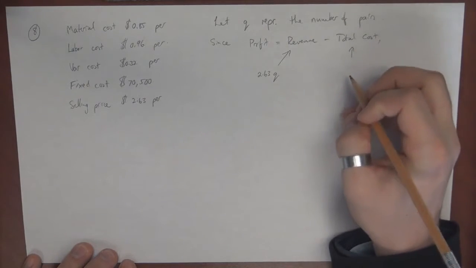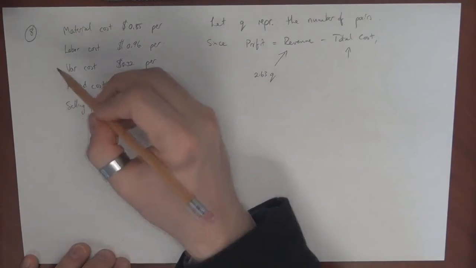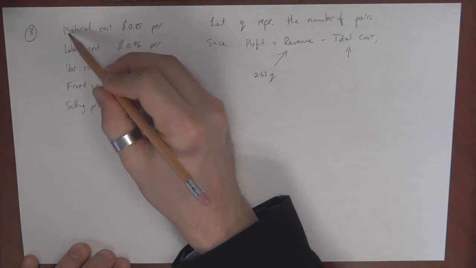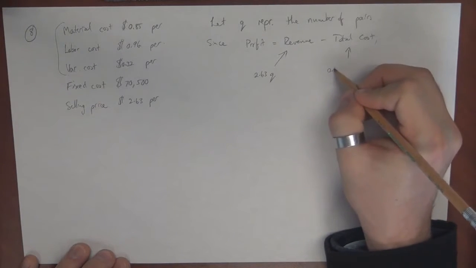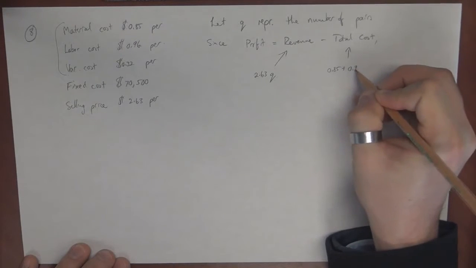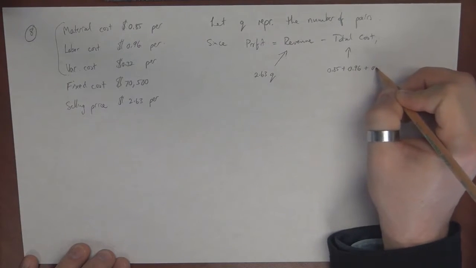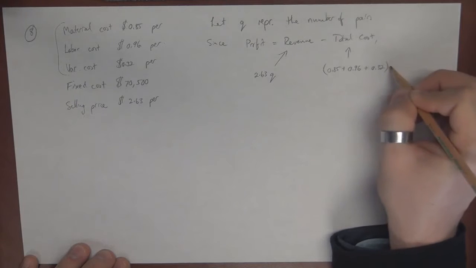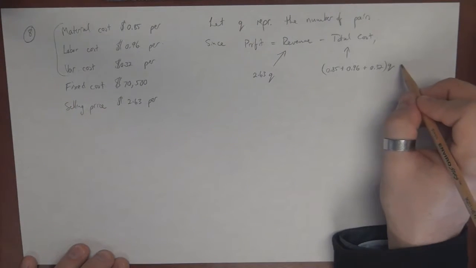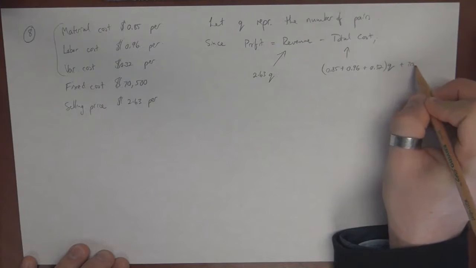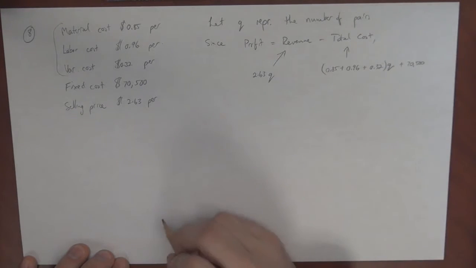What is the total cost in this case? I don't have just this as a single variable cost. I have all of these. So I have 0.85 plus 0.96 plus 0.32 as my actual variable cost, plus the 70,500 as my fixed cost.